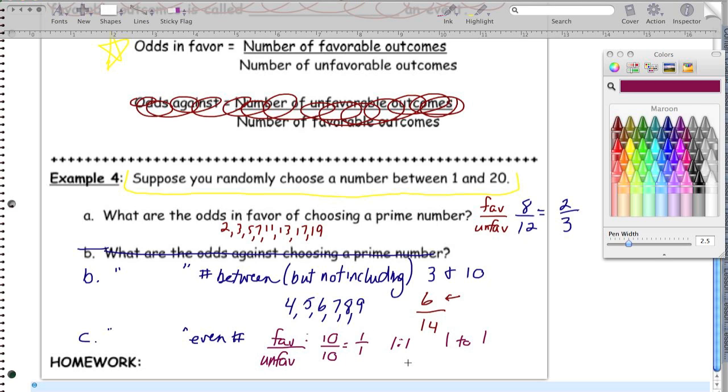Favorable to unfavorable. Okay? And again, this shows up a lot in any kind of gambling or carnival game, things like that. Often they don't post your odds at a carnival game, but if you look on the back of an instant lottery ticket in the bottom corner, they'll have something written like 1 to 100,000 or whatever it may be, and that's you have 1 chance of winning for every 100,000 chances that you'll lose.